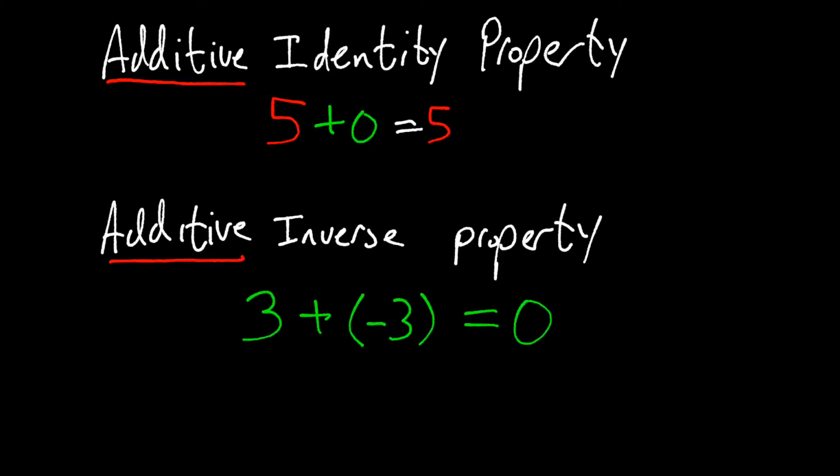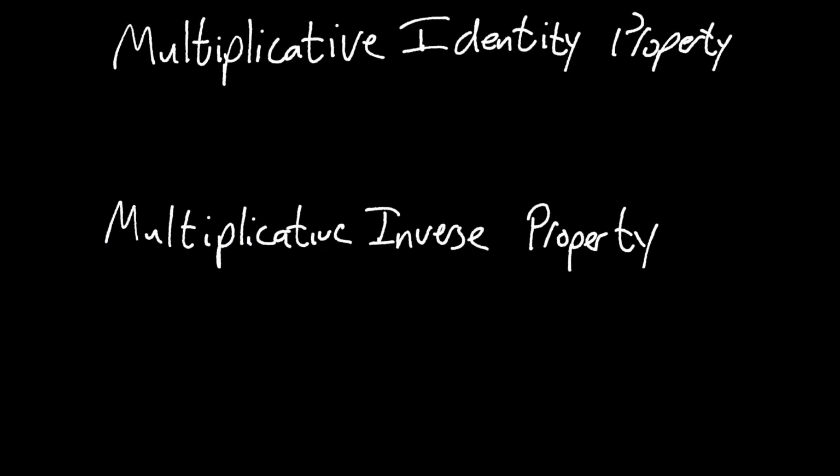Now let's look at the multiplication properties. Alright, for our next two properties of real numbers, we have the multiplicative identity property and the multiplicative inverse property. This time we have the word multiplicative, which you can assume means multiplication is involved. And we have the same identity and inverse terms here.